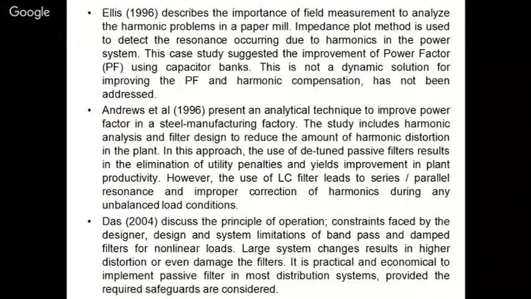Now let's have a quick look at some of the problems that exist in the way the review of related literature was presented. This is what I have picked up from Shodhganga, the dissertations and theses submitted in various universities of the country. This is one thesis which included Ellis 1996, Andrews et al. 1996, Das 2004.